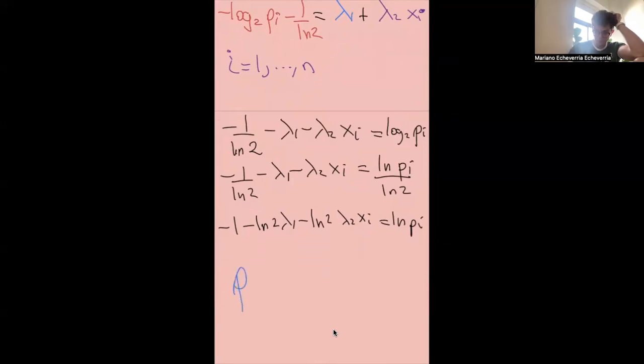So p_i is e to the minus 1 minus ln 2 lambda 1 minus ln 2 lambda 2 x_i, and this is for i equals 1 up to n.